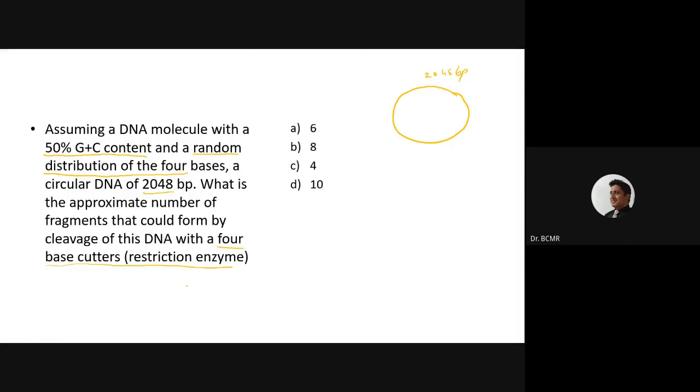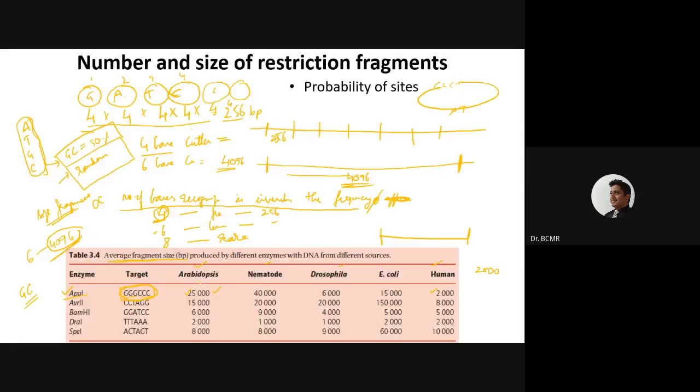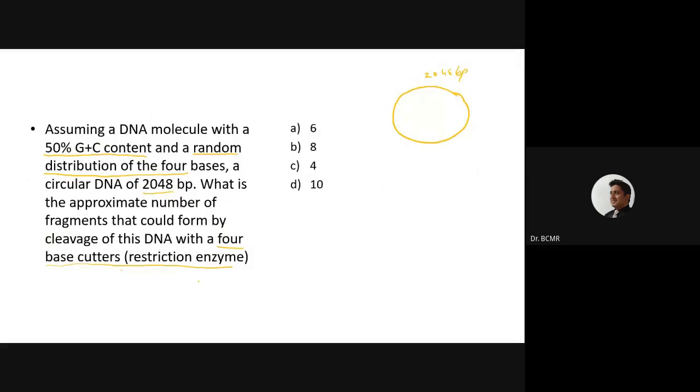But in this case, I just mentioned a 4-base cutter, so it is much more straightforward, and no argument can be raised. It's all just theoretical. So if you have a 4-base cutter, the size is about 256. The average size is 256 base pairs for a 4-base cutter.